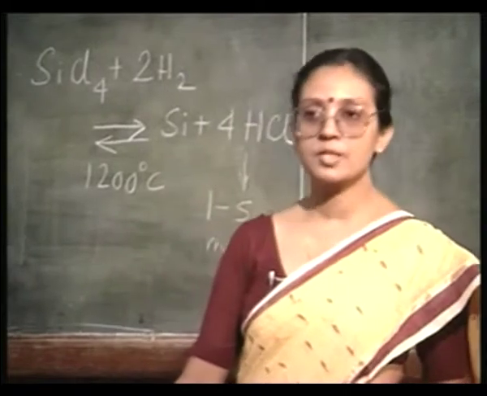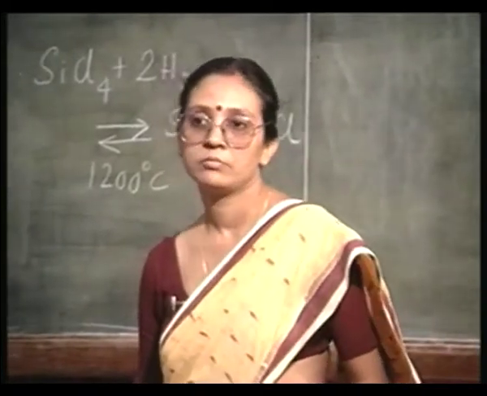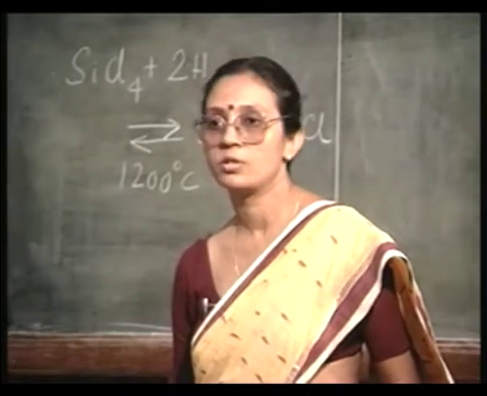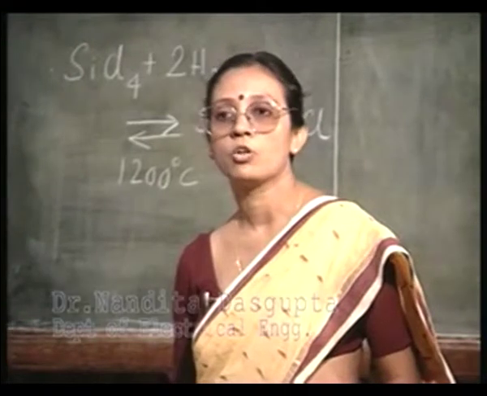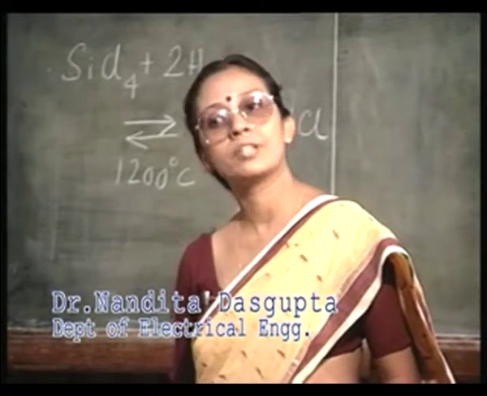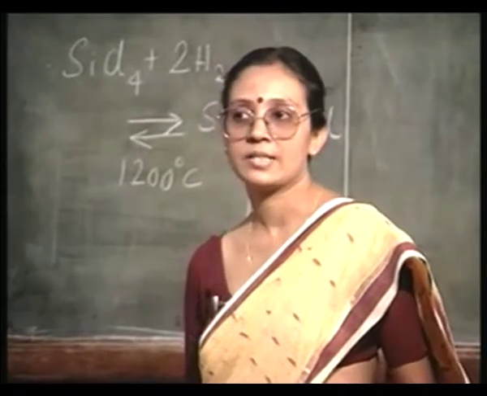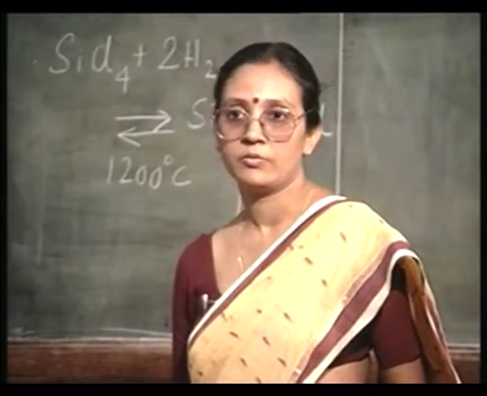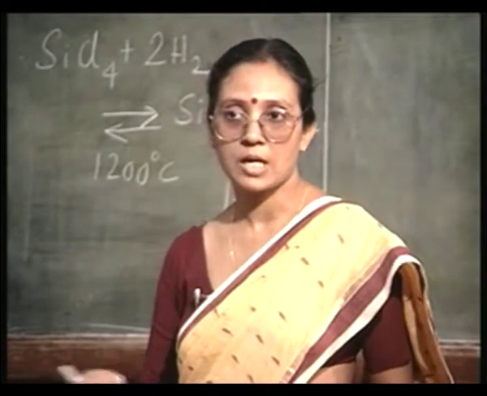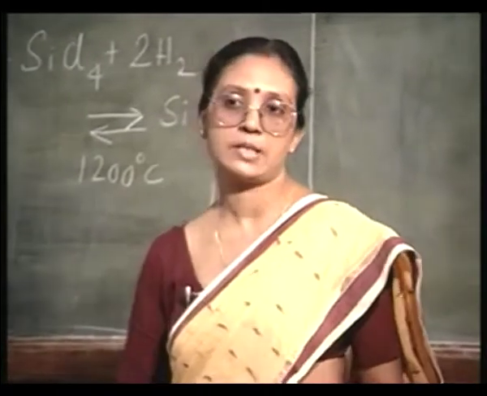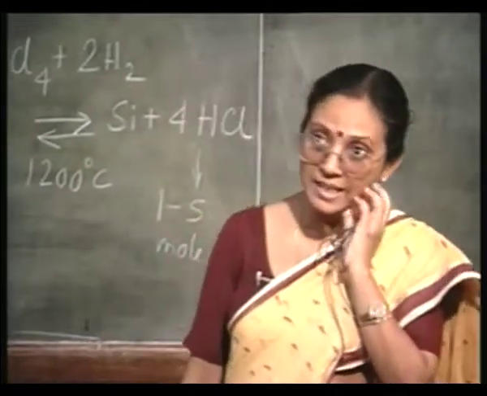The other possibility is you have the substrate with a certain doping concentration. You have the epitaxial layer also with a different doping concentration. At the interface, it is possible for both of them to get diffused across the interface. That is, let us say my sample is p type and the epitaxial layer is n type.